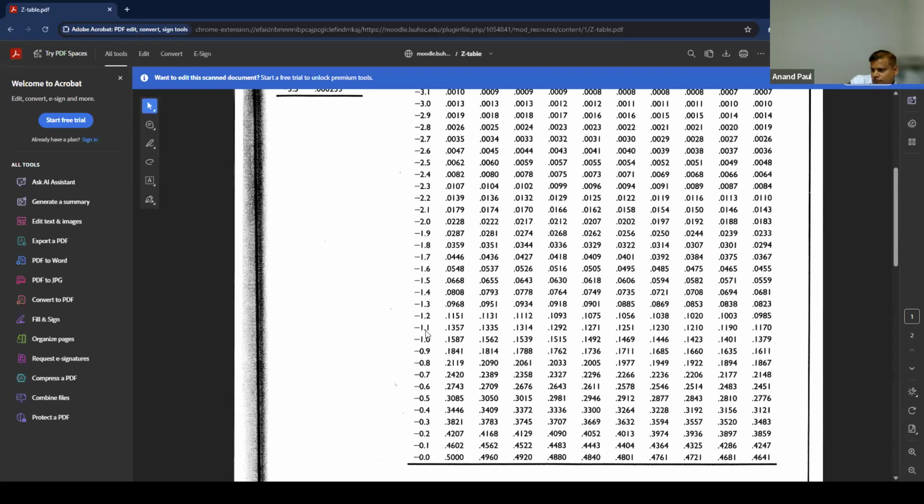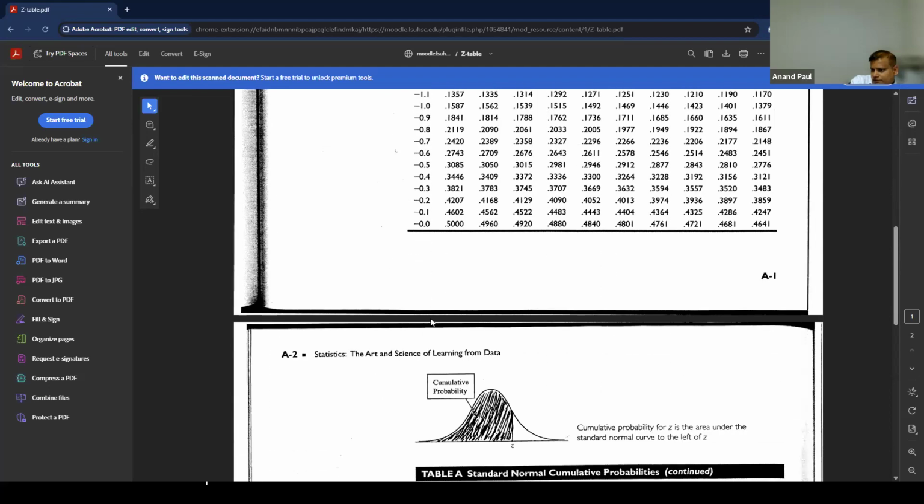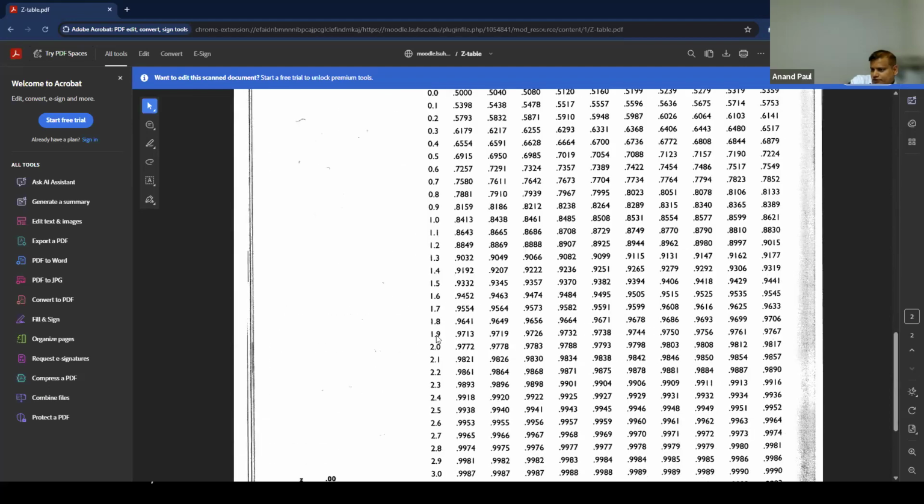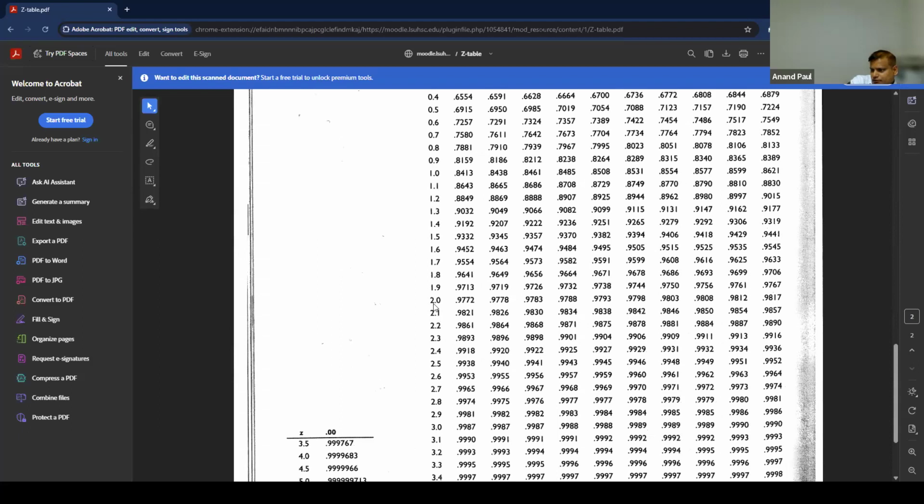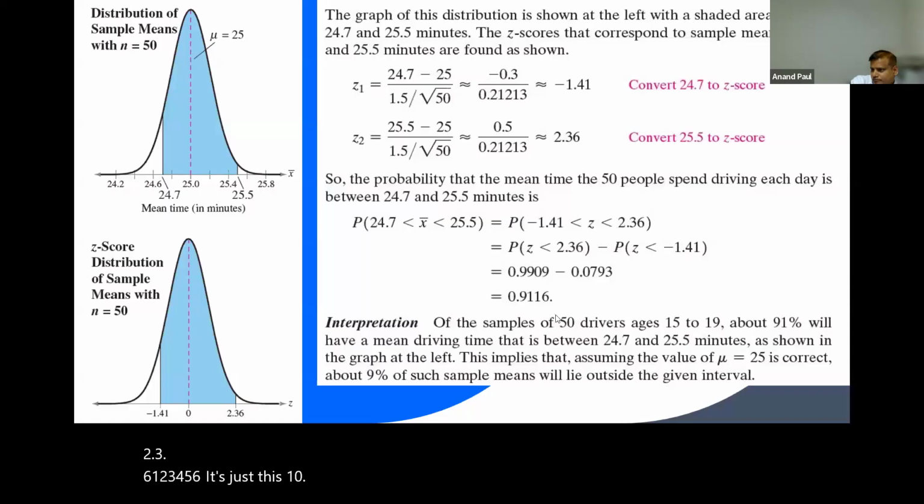And 2.36 is just this one, 0.9909. So 0.9909 minus 0.0793 is 0.9116.